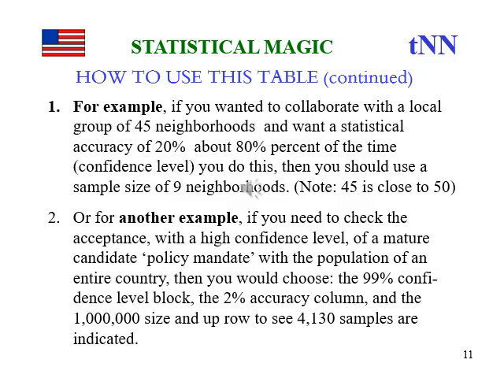Or, for another example, if you need to check the acceptance with a high confidence level of a mature candidate policy mandate with the population of an entire country, then you would choose the 99% confidence level block, the 2% accuracy column in that block, and you would go to the bottom of the table where the population size is 1 million and up.